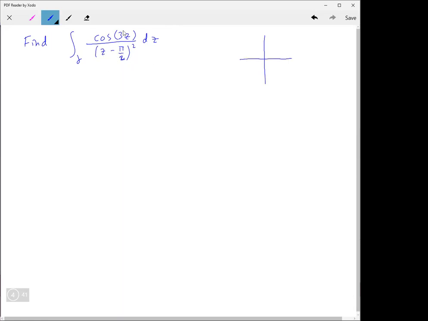So where is this not holomorphic? Pi over 2. Yeah, pi over 2. So pi over 2 is right here.